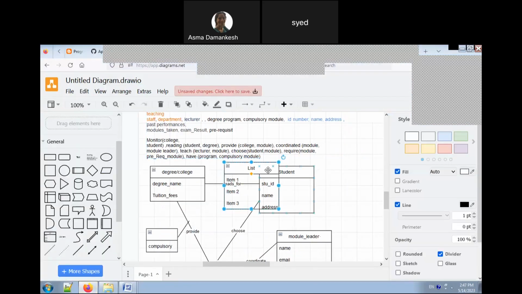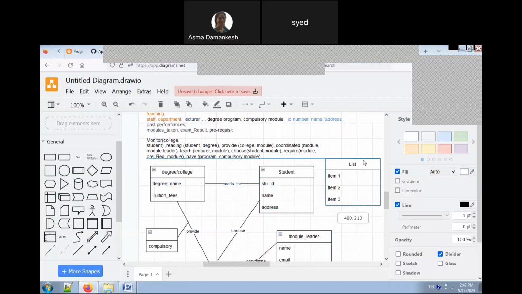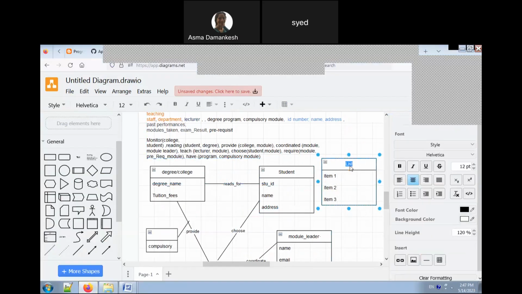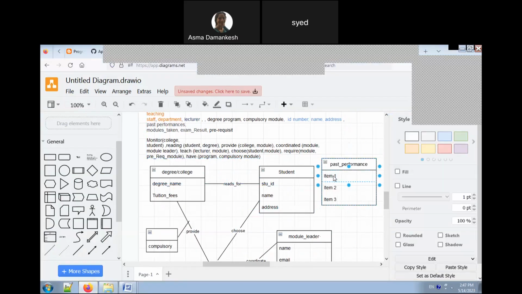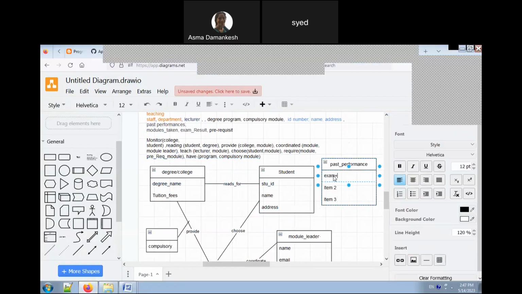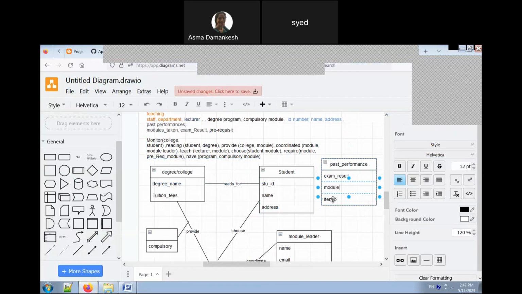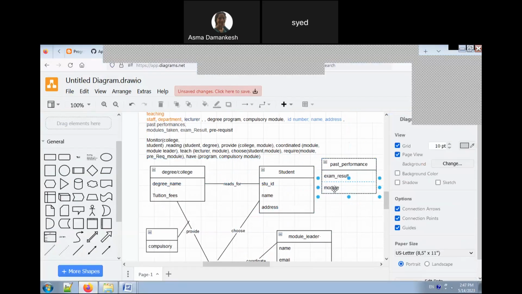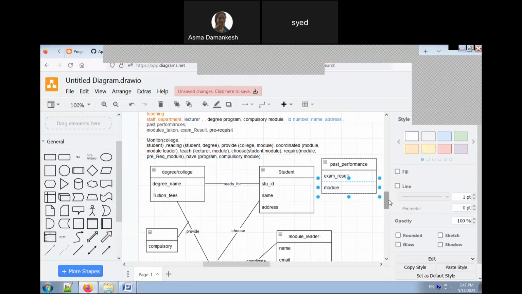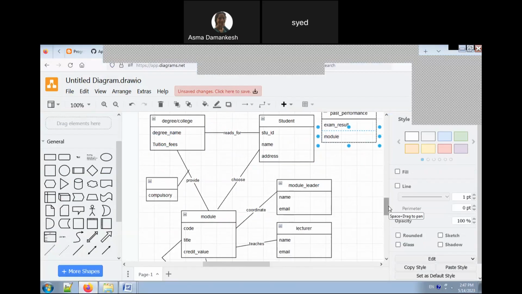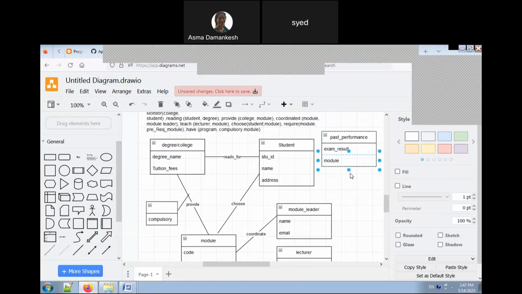So I would say there is something called past performance, which has exam result, and module first. Can I put module here? Can I put a module as an attribute?